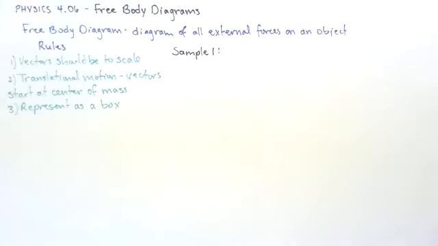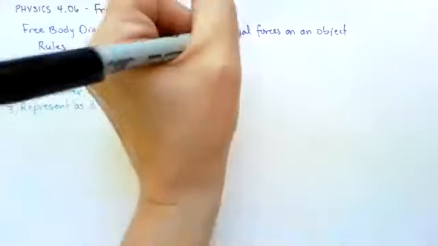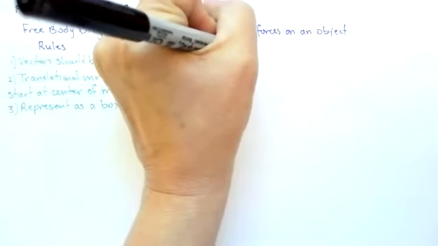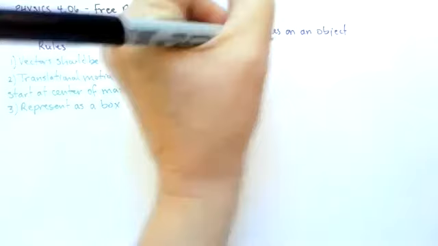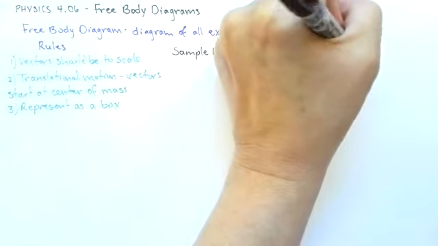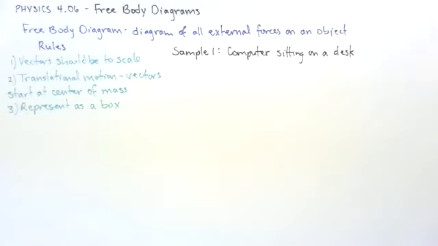So luckily for me, who doesn't draw well, everything's a box. So sample number 1, let's do a computer sitting on a desk. Take an easy one.